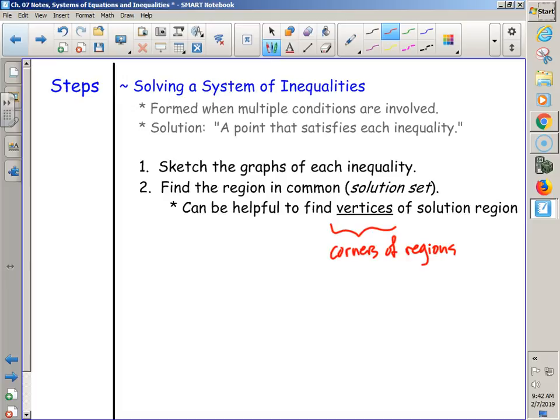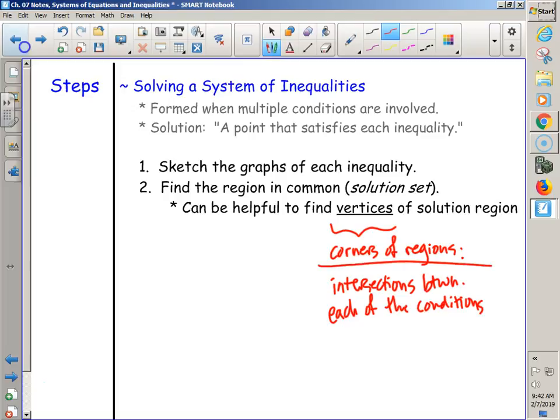The intersections. Corners of the regions are found from the intersections between each of the conditions, because one corner might be formed by two of the conditions, but another corner is formed by another two conditions. The vertices are going to be very helpful when thinking about solutions, since the vertices are just the corners. The corners are just the intersections.